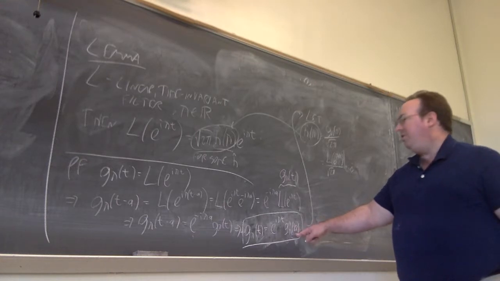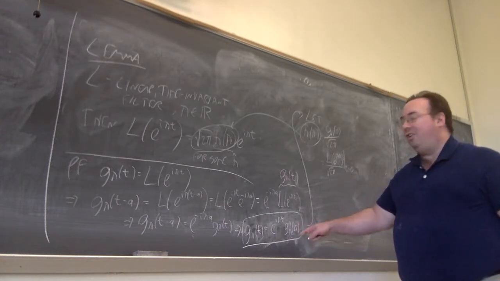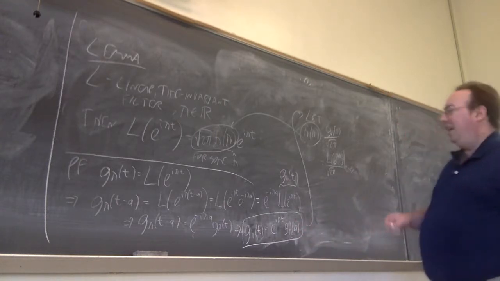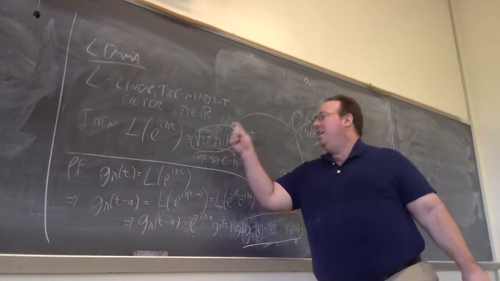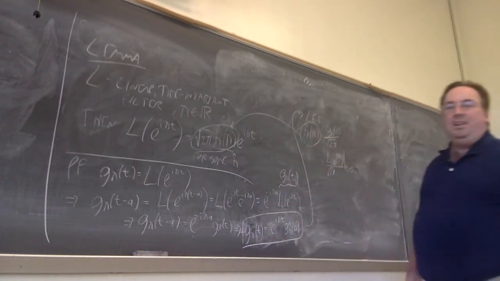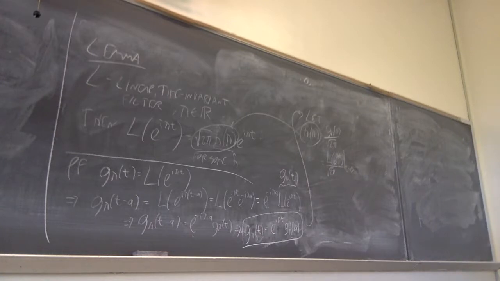So g lambda of 0 is also the eigenvalue. I'm just expressing it in terms of this for a theorem. This seems like a strange form to have the square root of 2 pi there, but that's because of a theorem I'm about to prove. That's more convenient for that.